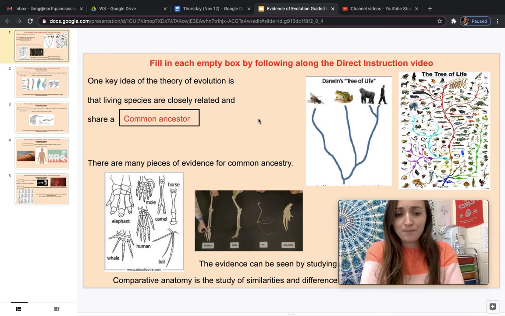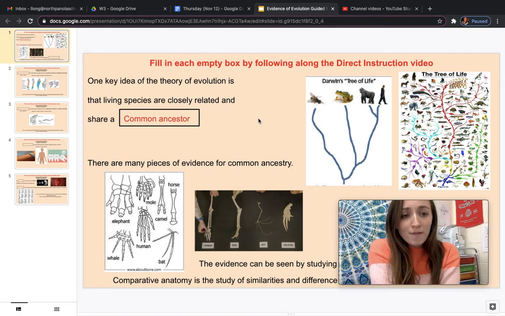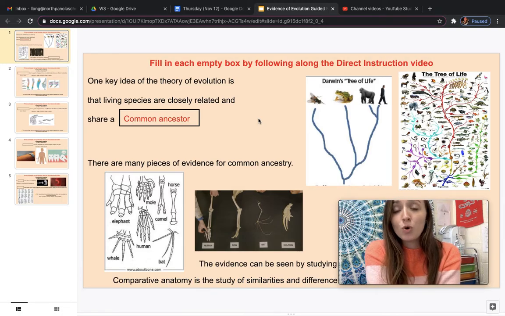What does that mean? So, obviously, when you think about people that you are related to, think about if you have a brother or a sister, you guys share a very, very common ancestor, which is your parents. So you two are very closely related.